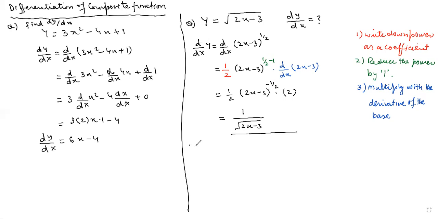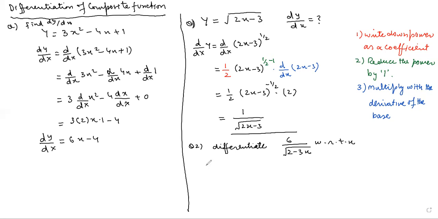Next question is, differentiate 6 over under root 2 minus 3x with respect to x.